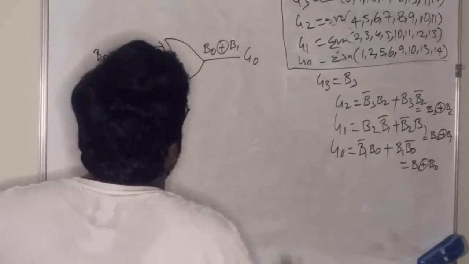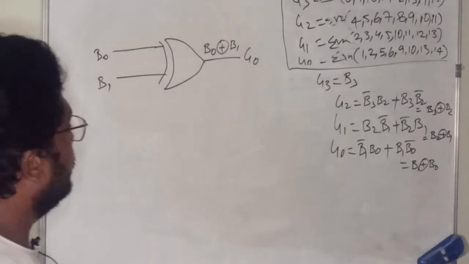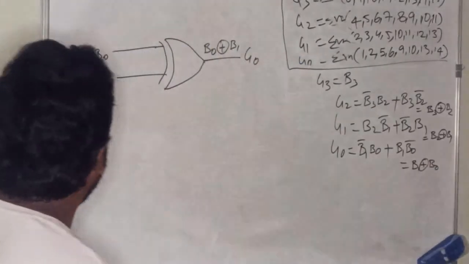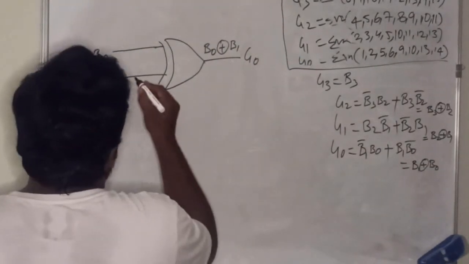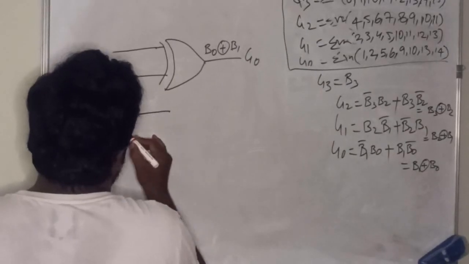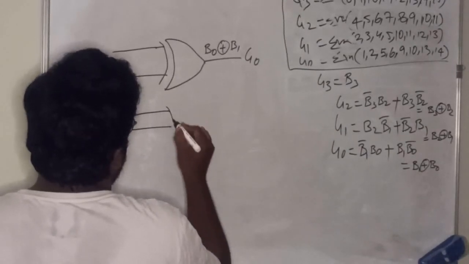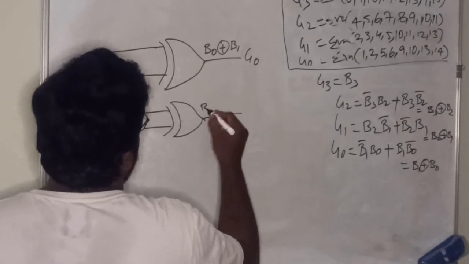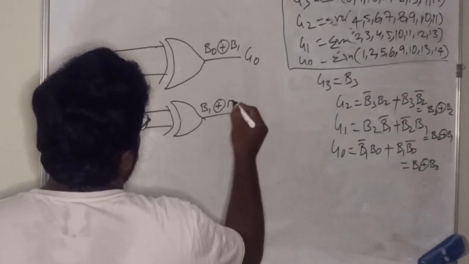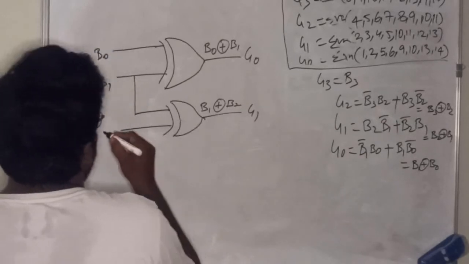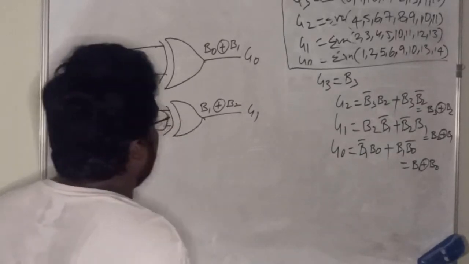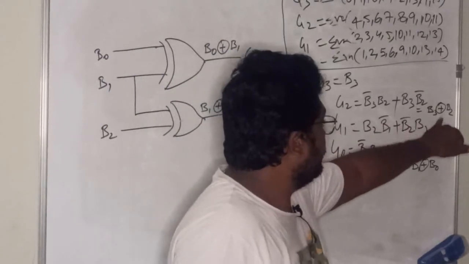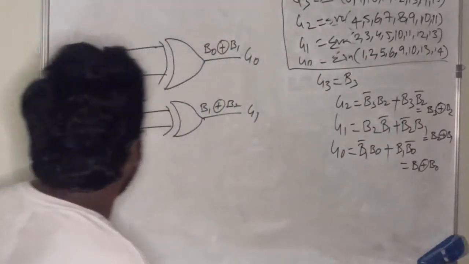So this is G0. Now G1 is nothing but B2 XOR with B1. So B1 and B2, this is G1. Next part is G2 is equals to B3 XOR B2.